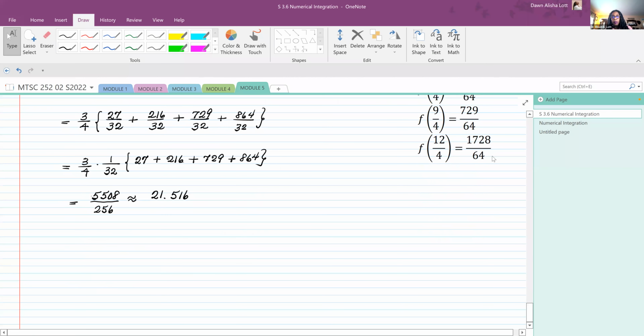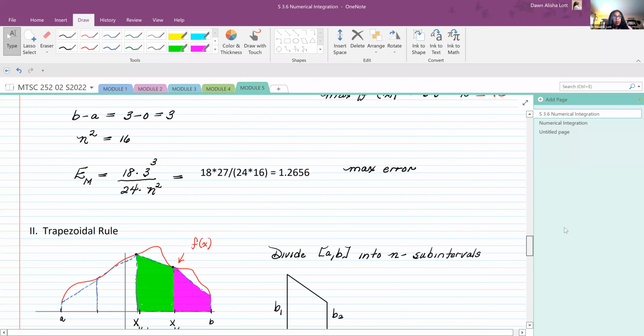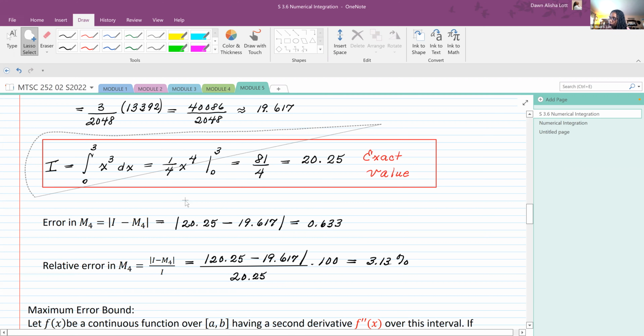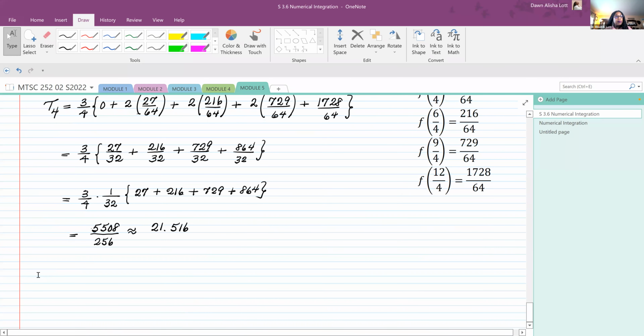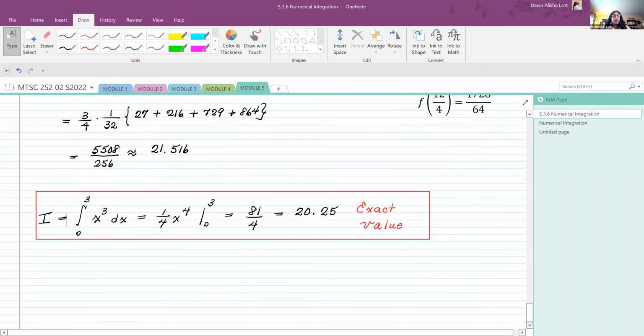All right, let's go back. Where's my exact? I did that once, I'm not doing it again, okay. So here's the exact. Okay, so we calculated the exact value before. All right, so now we want to calculate the error.